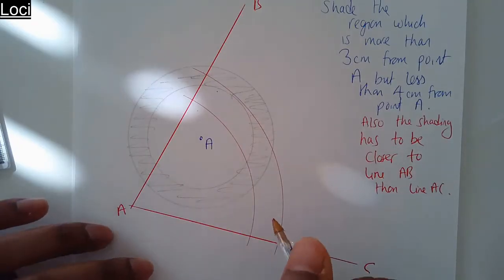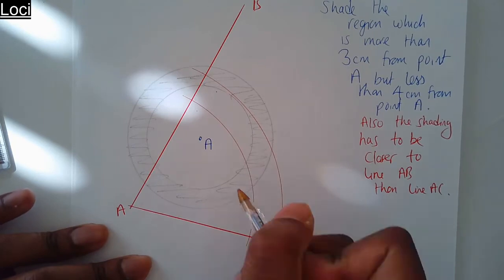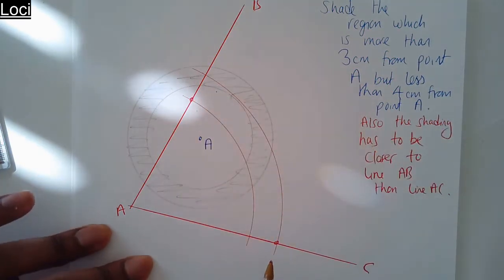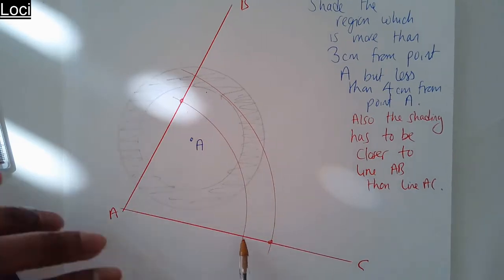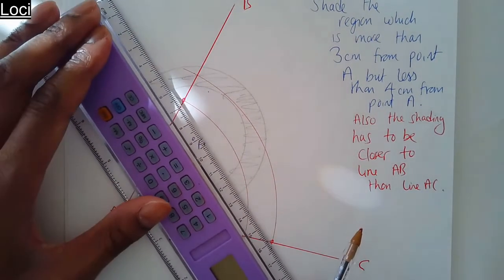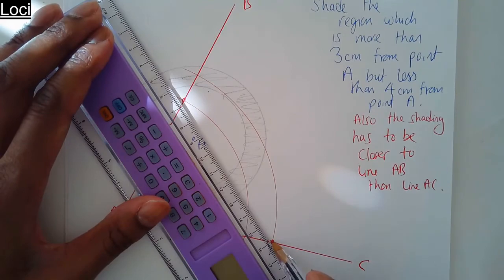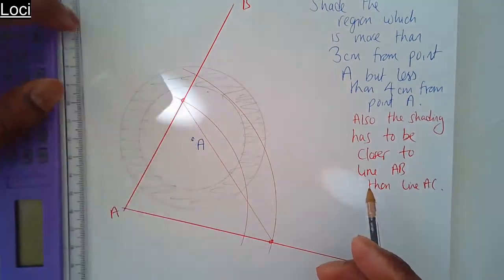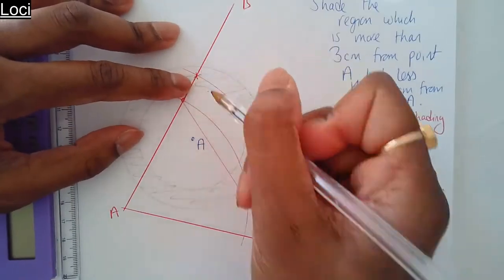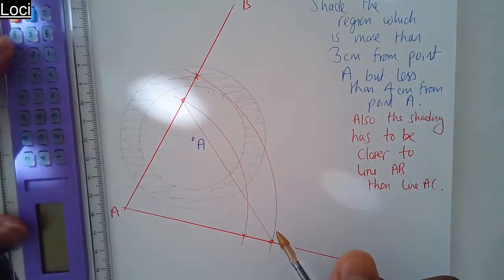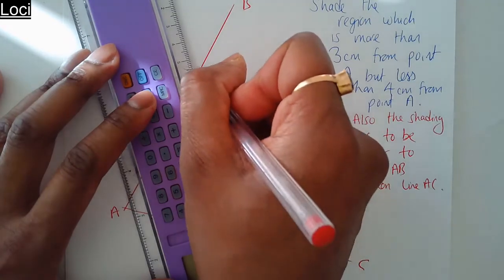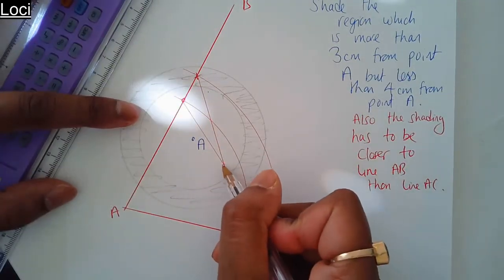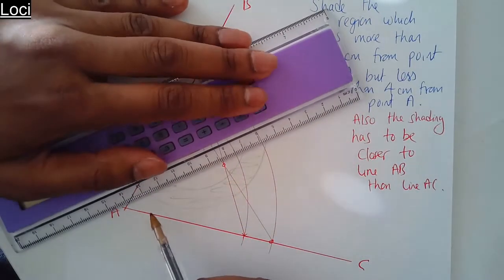Now all you're going to do is join this one with this, the one that's furthest away to the one that's nearest to A. Just do that. And it just leaves these two to join together. See this crossover here? Join it with A.